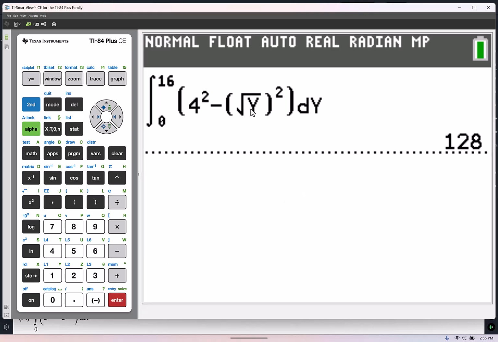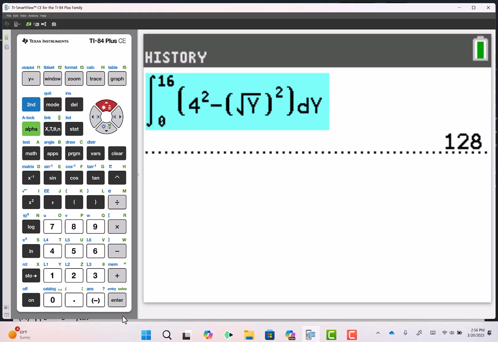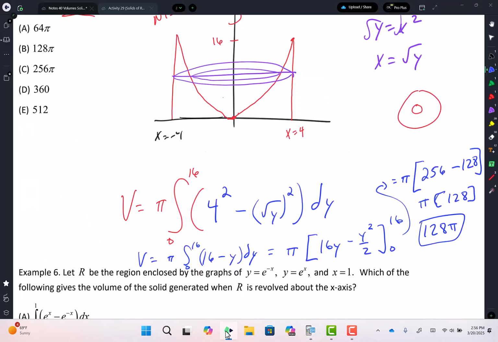Does it matter what letter is in here when I'm putting it in the calculator? No. When I'm putting it in the calculator, it doesn't matter. On paper, it does. So I don't want to confuse you guys. When you're doing the work, definitely have a y in here. When you're putting it in the calculator, does it matter? No, just do a hack.